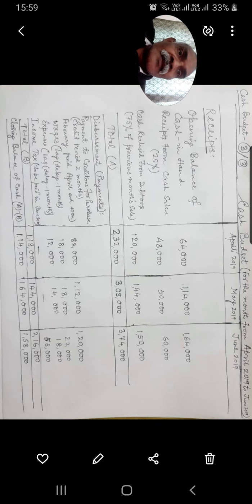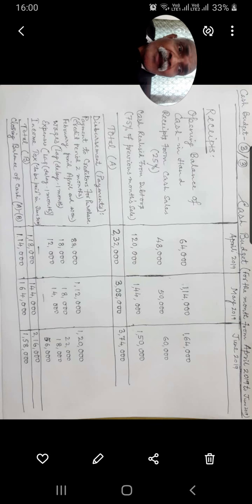Now, from other sources from which you will get cash: sale. So, cash sale, cash receipts. What another receipt will you get, from the credit sale? So, to whom have you given credit? To the customers.